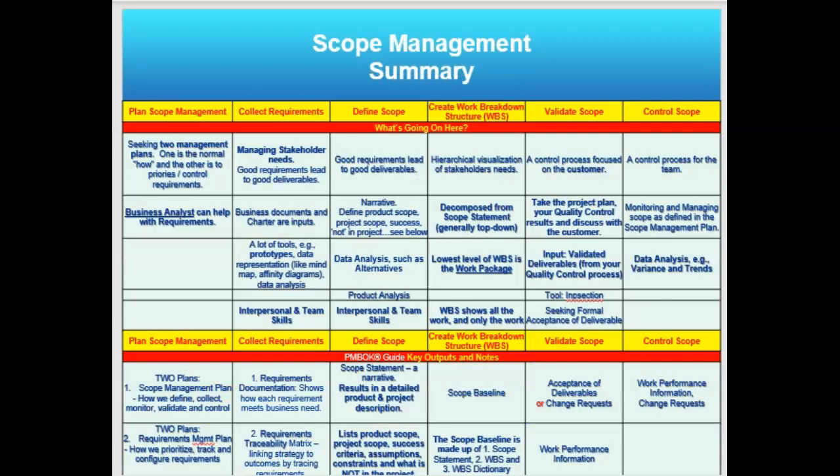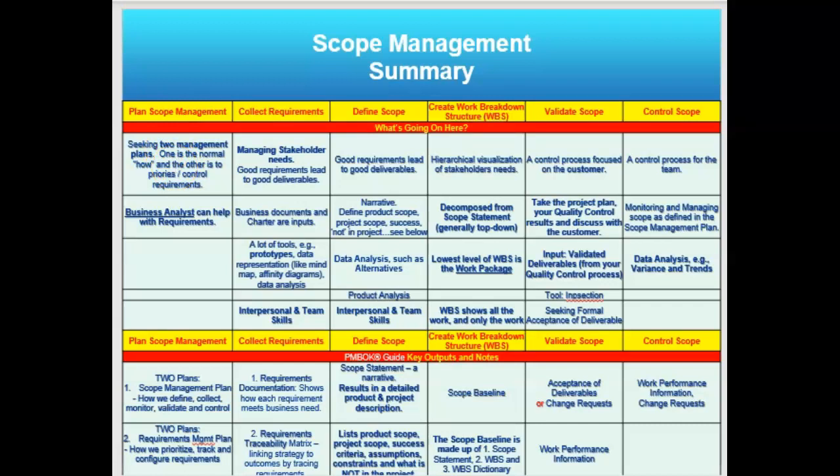Now, this slide, like every slide, is a one-slide summary of everything we've just talked about, and from your readings and etc. in these slides. Notice I list all the processes, so you get familiar with those up top, and I repeat them again here just as a demarcation, a breaking mark. And so what I have up here are what's going on in each process, and down here I have the major outputs. So for example, in plan scope management, I end up getting two management plans.